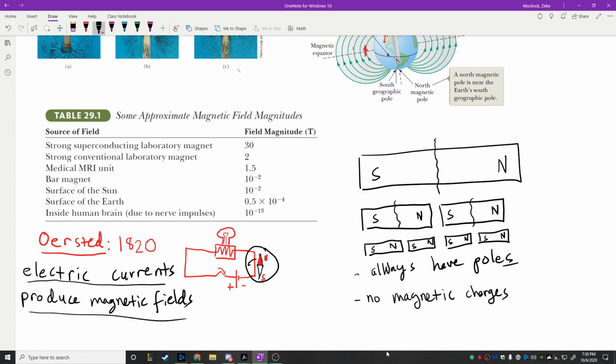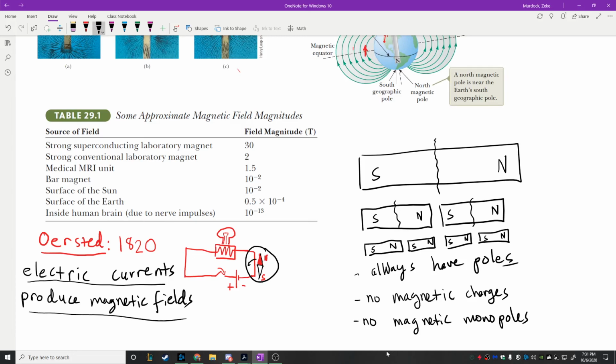In magnetism, we have poles, north and south. However, those poles can never be isolated from one another. This is also sometimes phrased in physics as there being no magnetic monopoles. There's no such thing as a pole that you can isolate by itself.